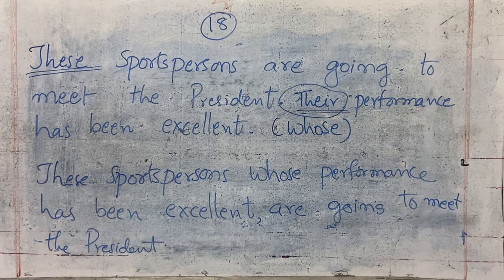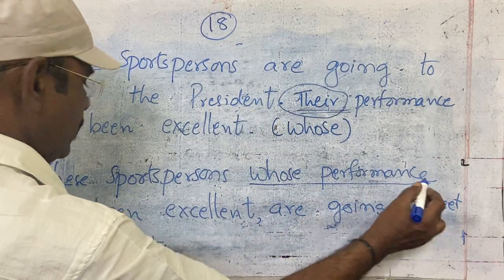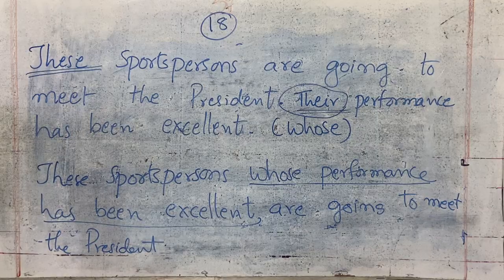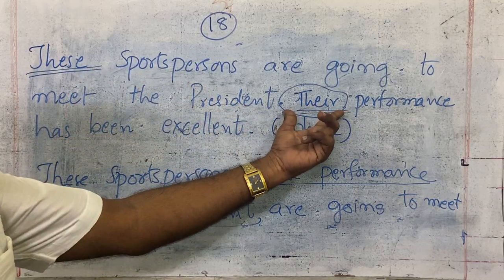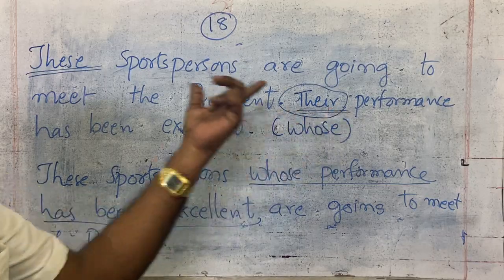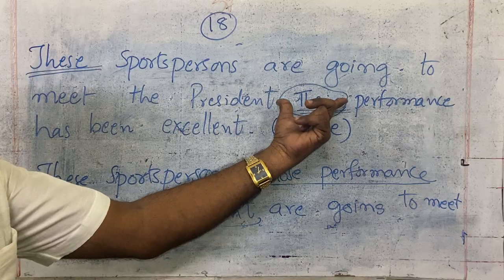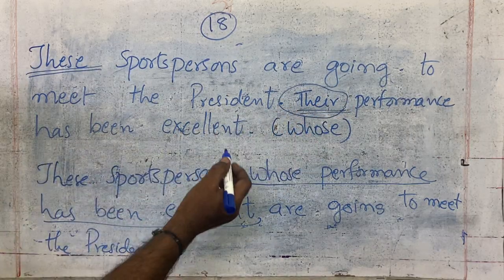So like this it is given. It is also already given. But here it is coming: whose performance has been excellent. You see, what we expected here, these four persons. As it is a possessive, it's not normal like "they" or "sports person". As it is possessive, we have to take this also here itself only.